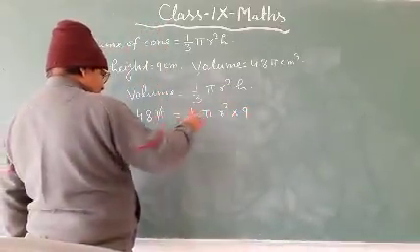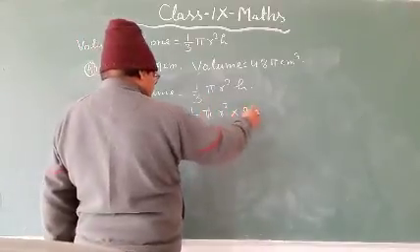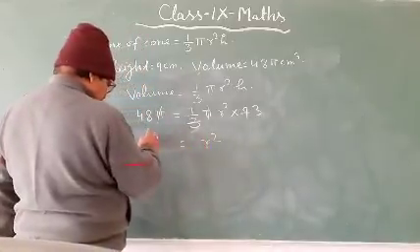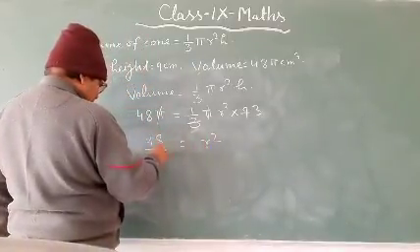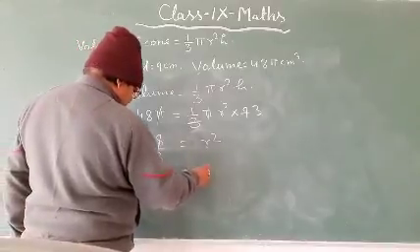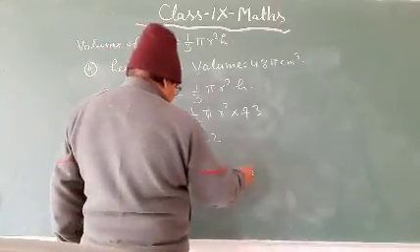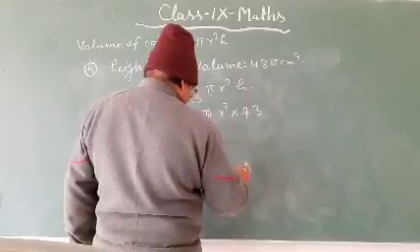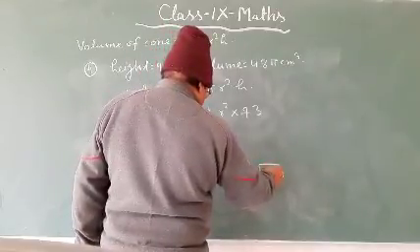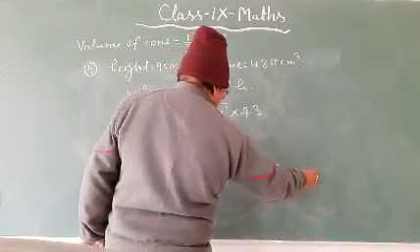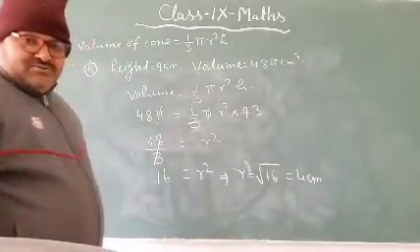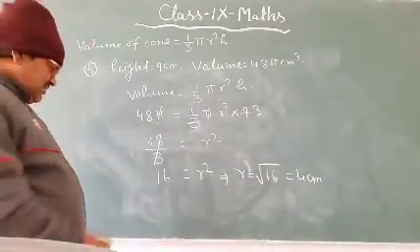Pi cancels pi, 3 threes are 9, and r square equals 48 upon 3, that is 16. So r equals under root 16, that is 4 centimeter.